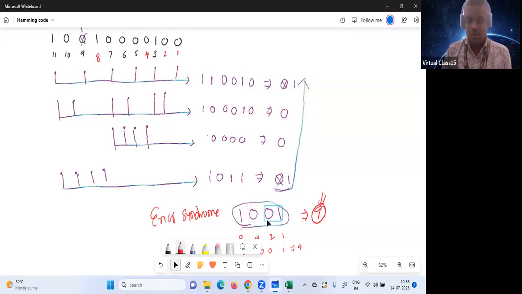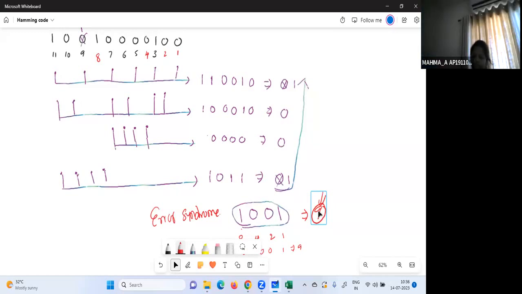If the error syndrome is 0, the message is not modified and data is not corrupted. If it is not equal to 0, data is corrupted. That is error detection. Then which bit is corrupted? Make the error syndrome into its decimal equivalent, and that bit position was corrupted.